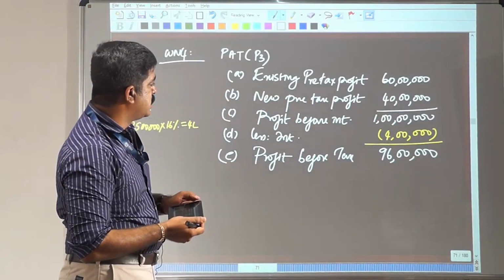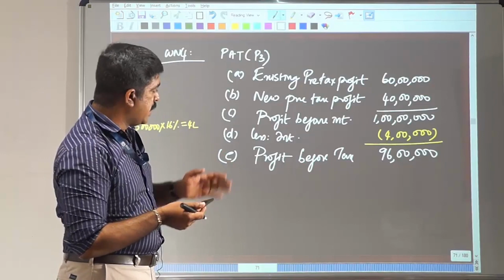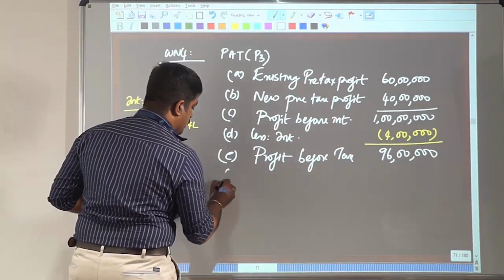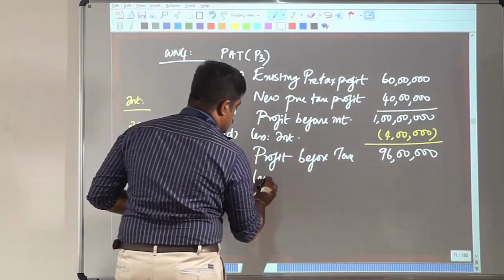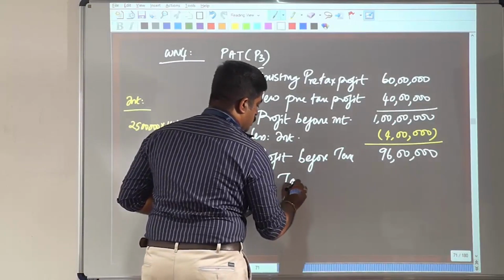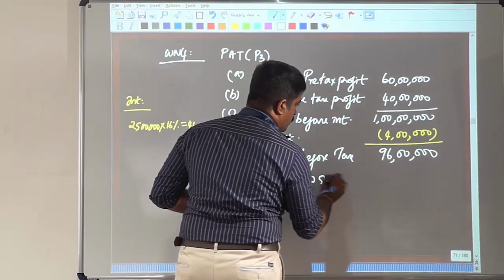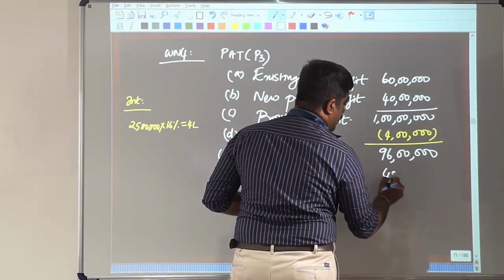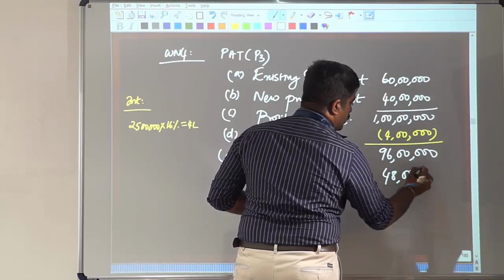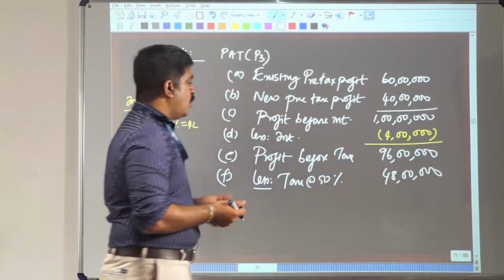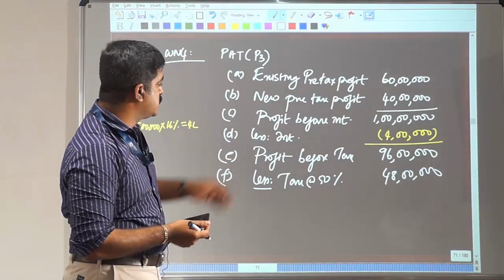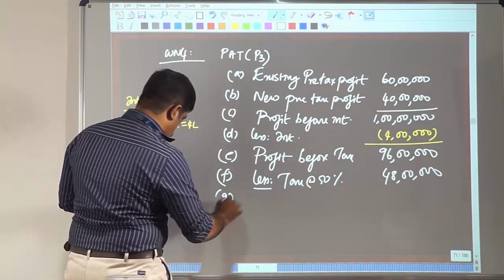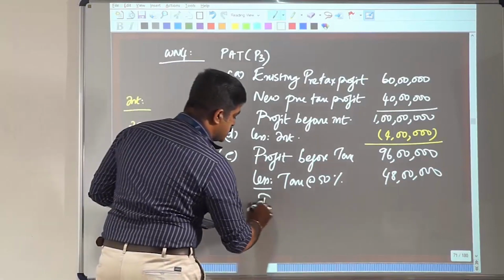It is 96 lakh, and if I pay tax on it, less tax at 50%, it is going to be, let's say, 48 lakh. On 96, if I pay tax, it is going to be 48. And what is going to be my profit after tax?